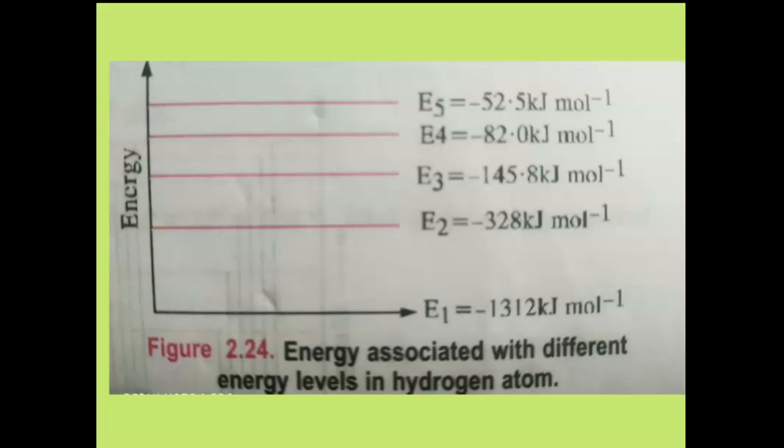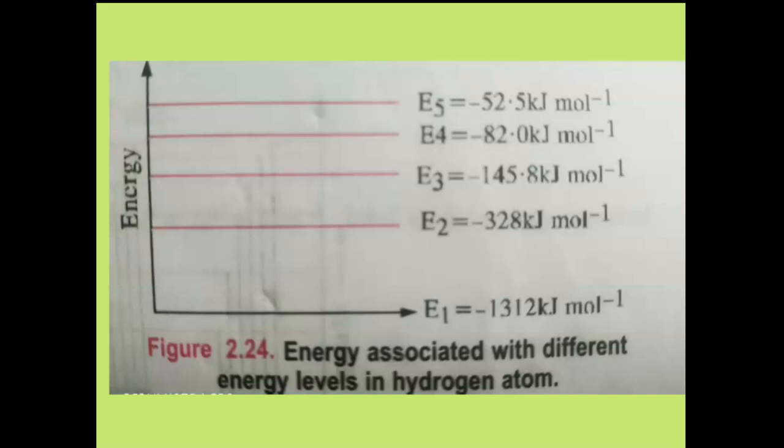Put n equals 2, it will be minus 1312 upon 2 square. On solving, we will get minus 328. Put n equals 3, minus 1312 upon 3 square, we will get the answer minus 145.8.